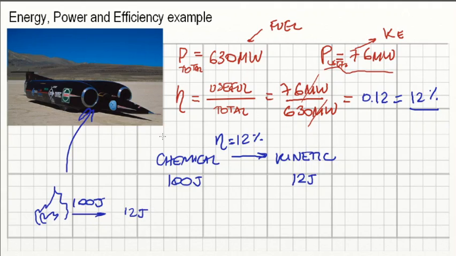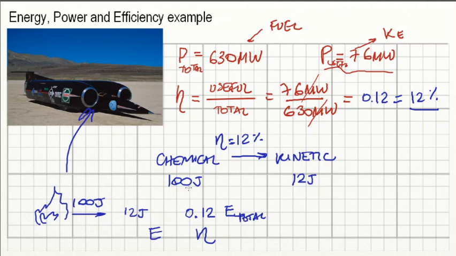So if we apply this to this car, how fast would it get from rest if I just gave it 100 joules? Barely anything. How would you calculate that? Well, if I give 100 joules, only 12% will be useful. So we can just multiply the energy which is provided, so total, by your efficiency.